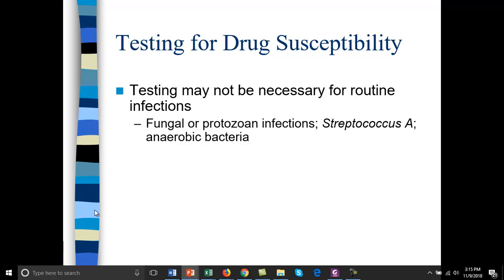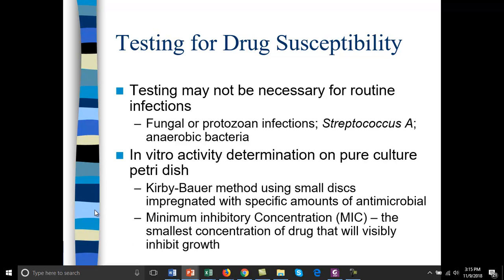You may have to do testing, but ordinarily, probably 90% of the time, you're not going to test a specimen for drug susceptibility. Okay, fungal protozoan infections, staph, strep, anaerobic bacteria, you probably don't need to do testing for drug susceptibility. But you can do in vitro activity determination. We're going to do this next week via what's called the Kirby-Bauer test.